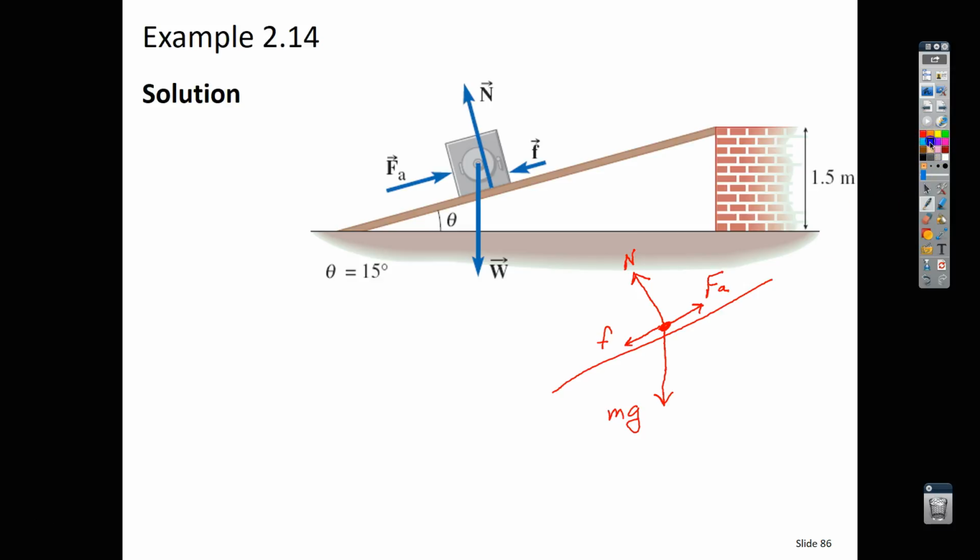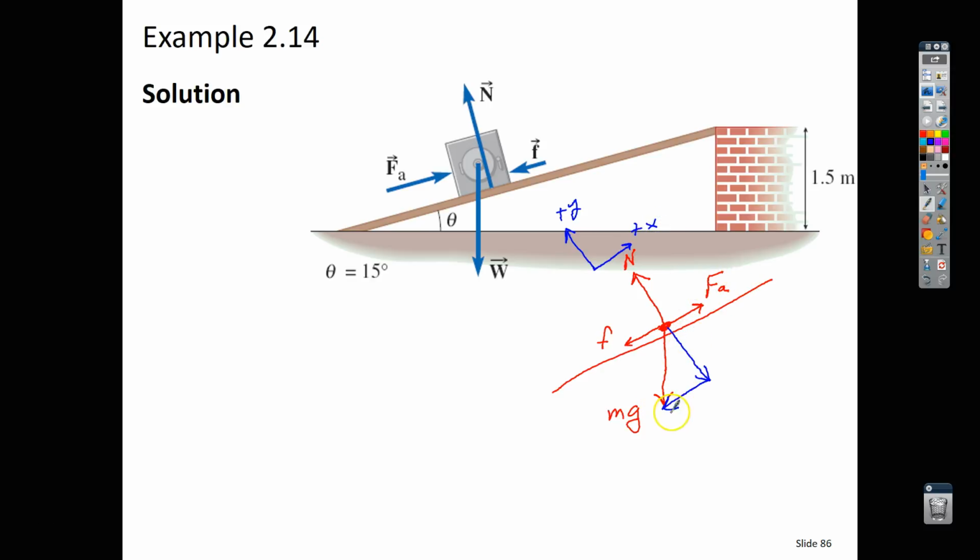I also need to break up my mg into components, because what we're going to do here is say that this is going to be positive y, and then we're going to make going up the ramp positive x, because that's the direction of the motion that I want.